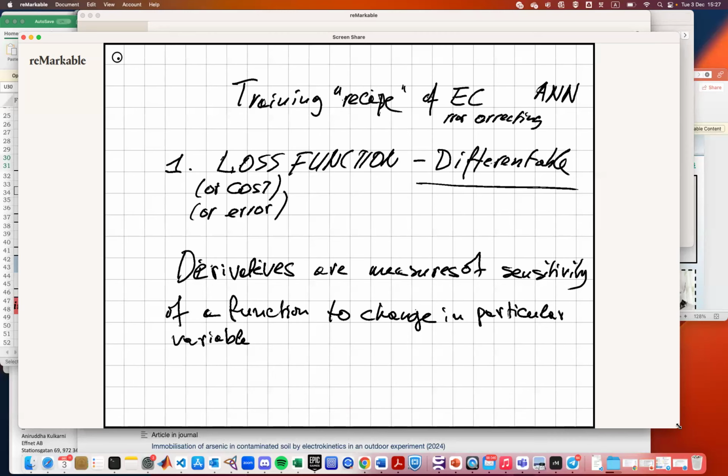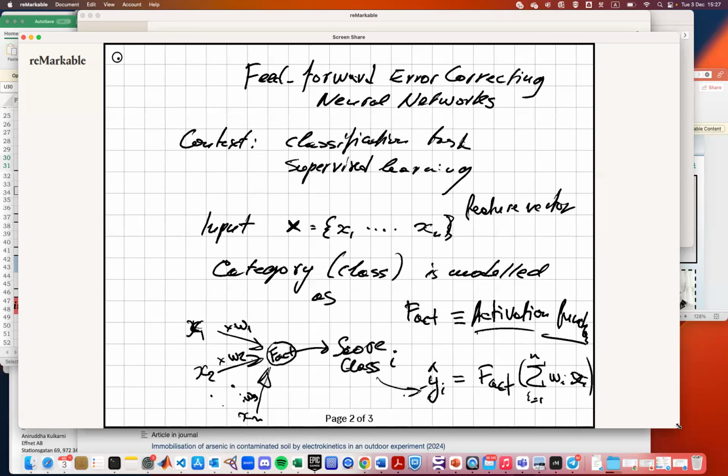The whole training is about this: the variables here are these weights, that is what we can vary. And we need to assess the influence of this variable on the behavior of the function that assesses the quality of this outcome.